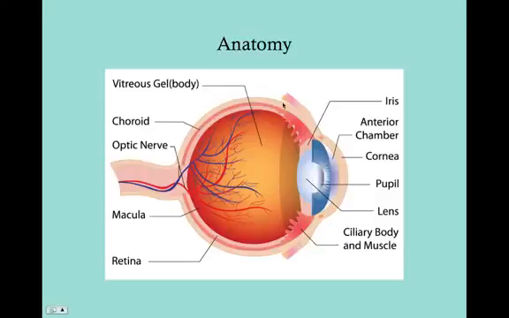Of course, the posterior part of the eye, the retina, and the optic nerve head are going to be important as well, but that's where the disease actually will cause its effects. So you have elevated pressure in the anterior portion, the aqueous chambers, and that's going to compress the retina.